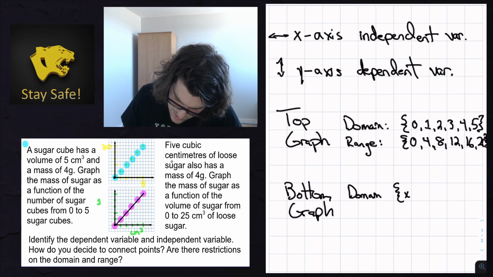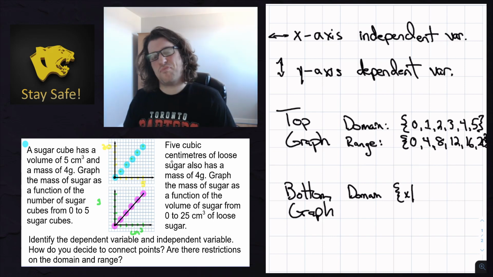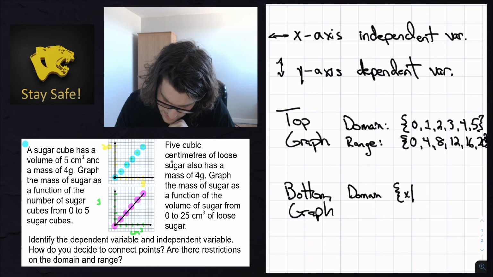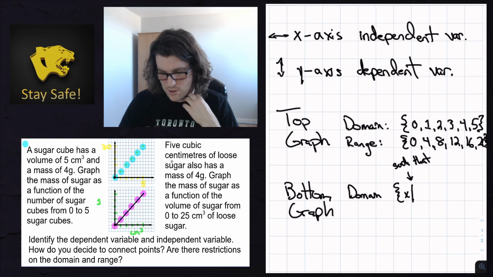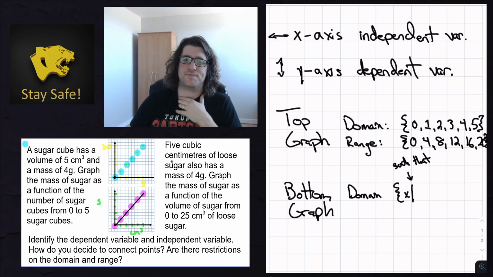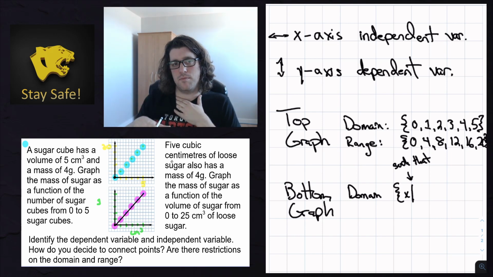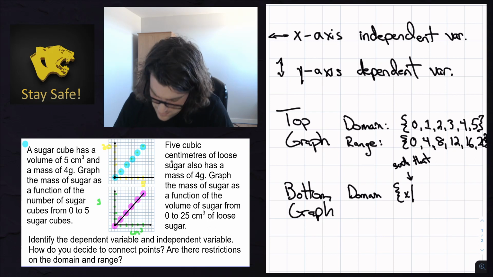So x is what represents my domain, and then I'm going to write this vertical line. This vertical line is a mathematical symbol that means such that. So I'm starting a set, my set contains x's in it, such that, and now we list the rules for x.